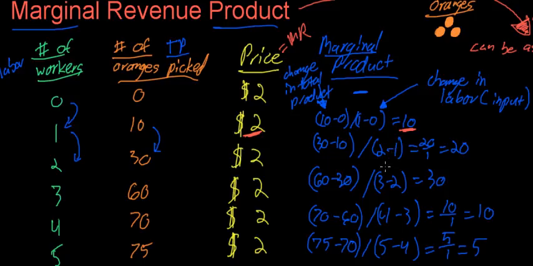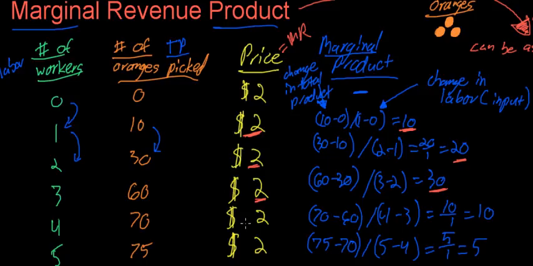So the marginal revenue product of the first worker is $20. And we do measure this in dollars. The marginal revenue product of the second worker is 20 times 2, which is $40. The marginal revenue product of the third worker is $2 times 30, which is $60.